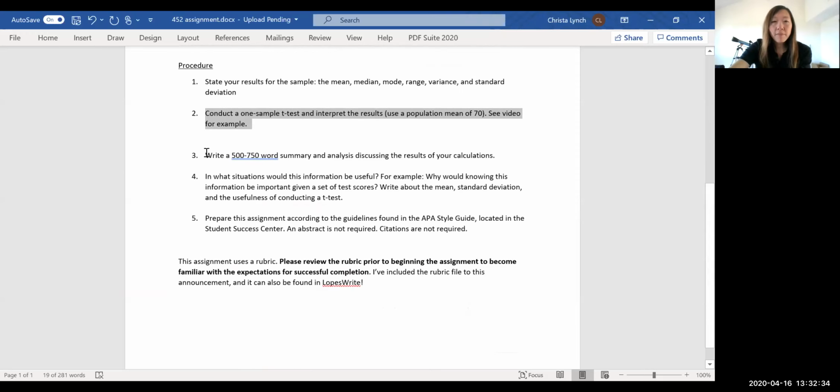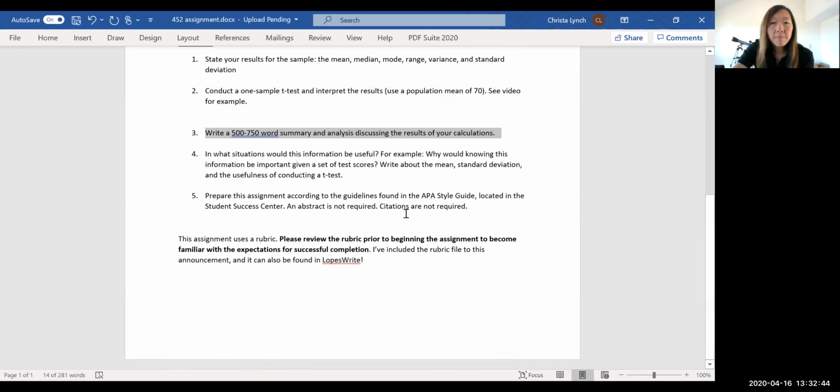You'll then write a 500 to 700 word summary and analysis discussing the result of your calculations. Okay. I expanded on this just to clarify what the question was. In what situations would this information be useful?